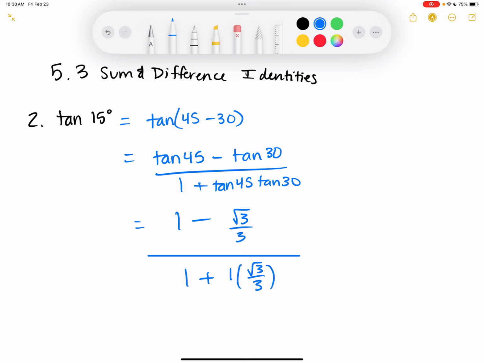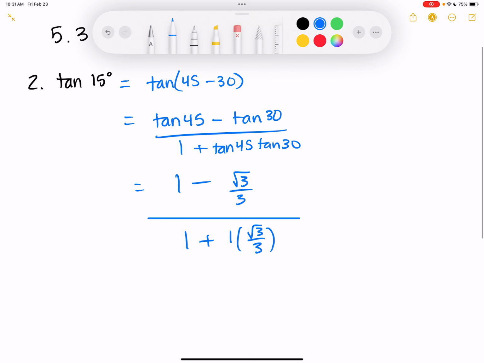All right, so I've got 1 minus root 3 over 3 on top, and on the bottom I've got 1 plus root 3 over 3, because times 1 anyways. So what do I need to do to finish solving this? Conjugate of the top or the bottom? Bottom. Yep, conjugate, so times 1 minus root 3 over 3.